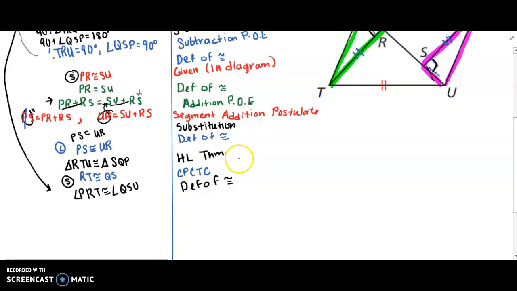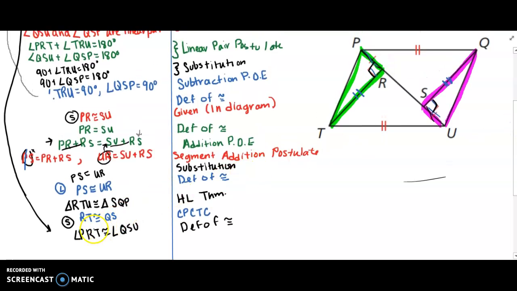I've said they have the same measure, now all I have to say is that they're congruent. So now that I've said that they're congruent, I can say that triangle PRT is congruent to triangle USQ by the side angle side congruence theorem.